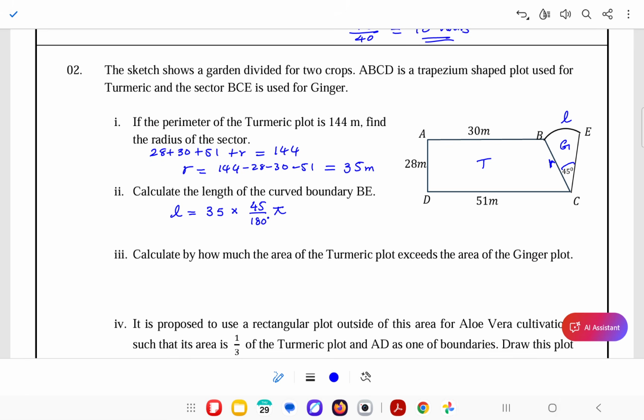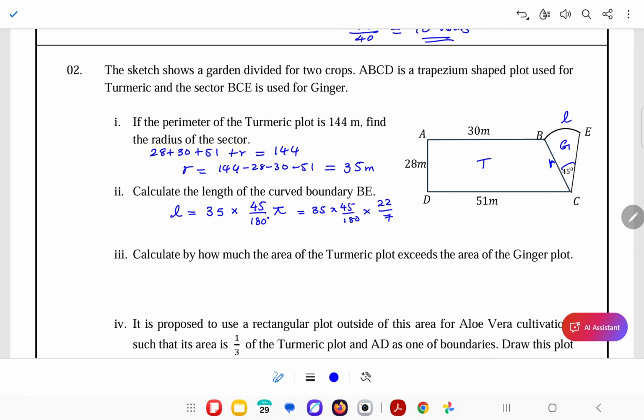So you will get, pi will be replaced with 22 over 7, right? For 35, 45 over 180 into 22 over 7.